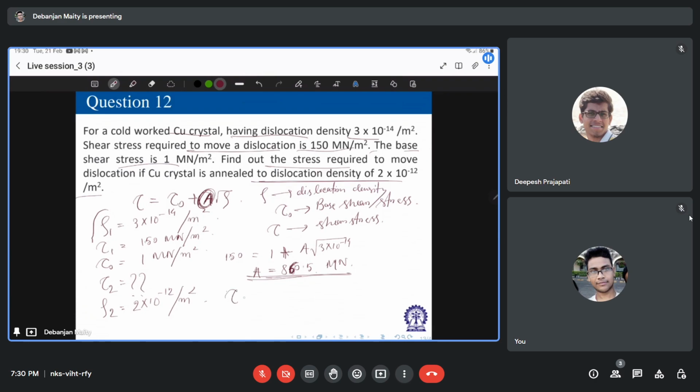Now, what will be the tau 2 value? 1 plus 860.5, that root over 2 into 10 to the minus 12.